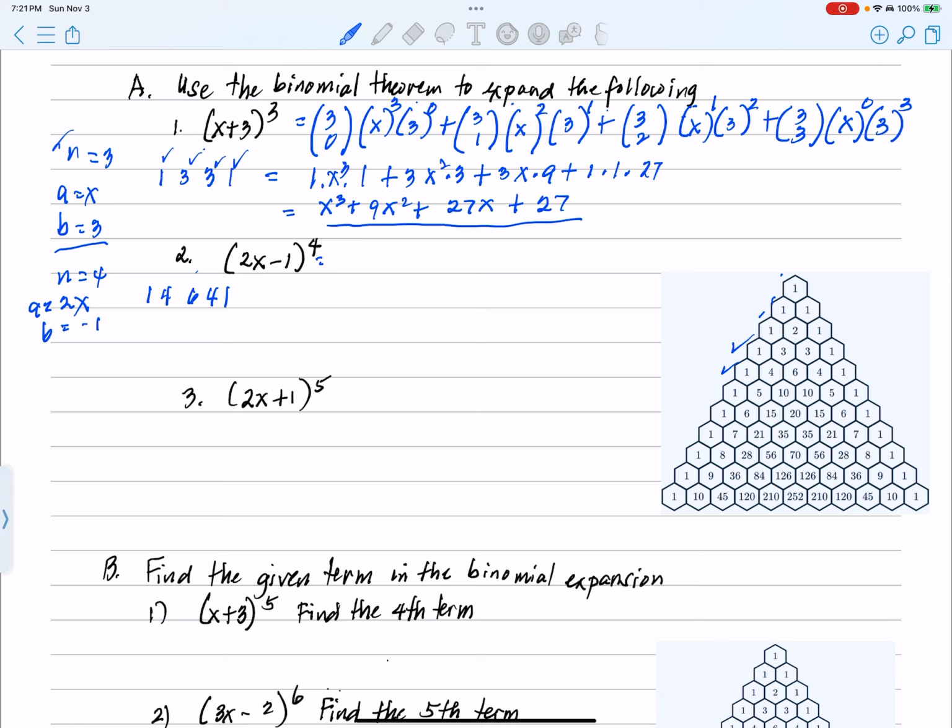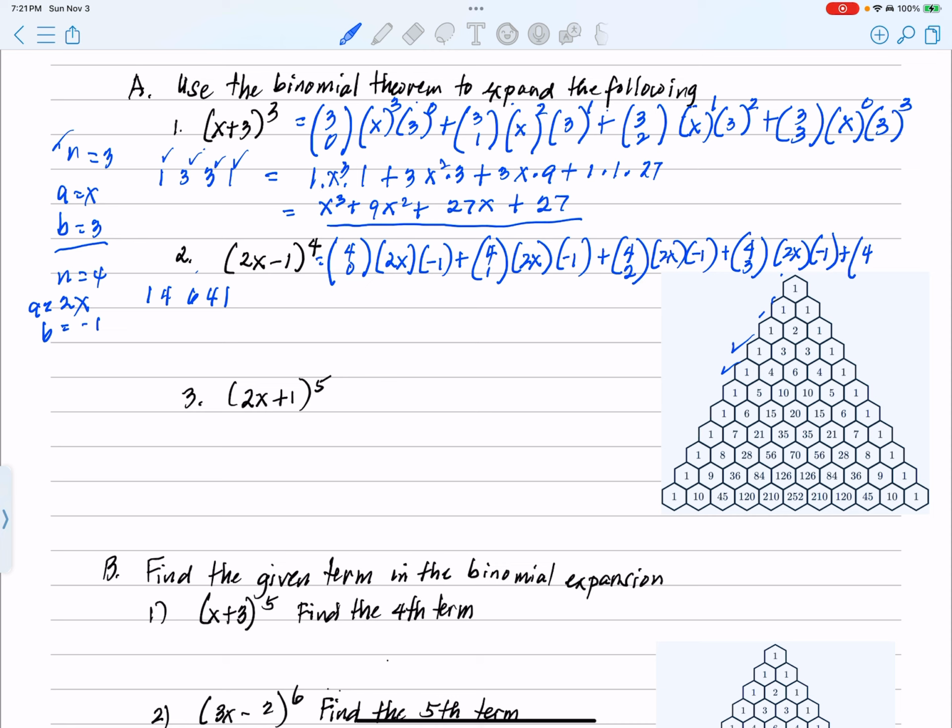It will be 4 choose 0. I'm gonna write first the terms, then 4 choose 1, 2x, -1, then 4 choose 2, 2x, -1, then 4 choose 3, 2x, -1, then 4 choose 4, 2x, then -1.